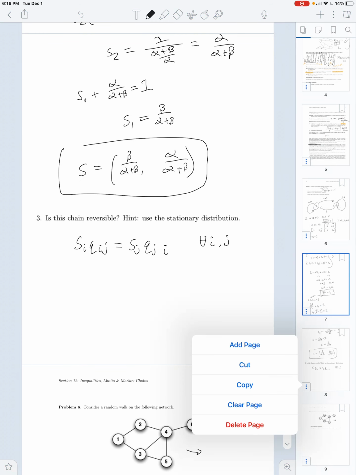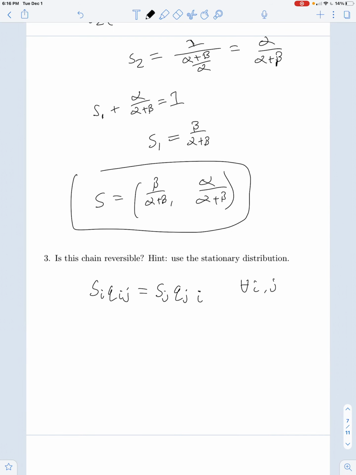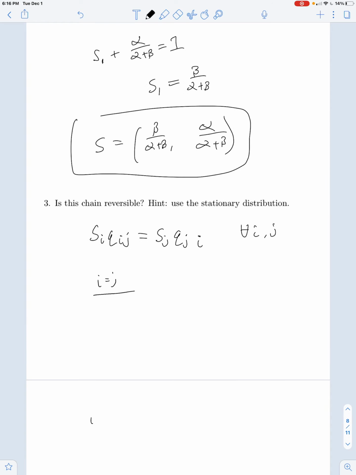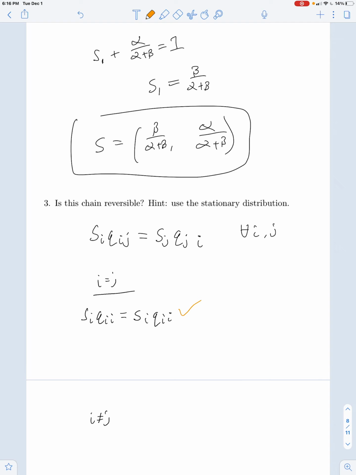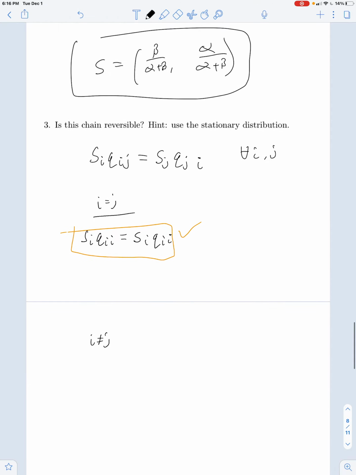Which means that I really have two cases that I want to consider. One is when i and j are equal to each other, and then one is when i is not equal to j. Well, if i and j are equal to each other, this becomes a silly exercise, because that's saying that this is true. If you write the same thing on both sides of an equal sign, that is true.